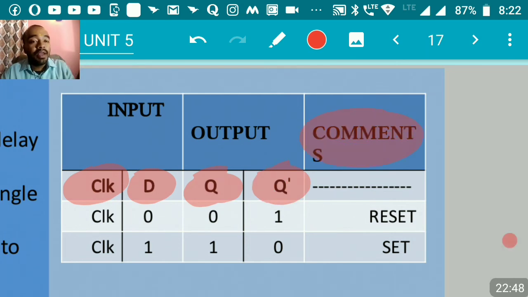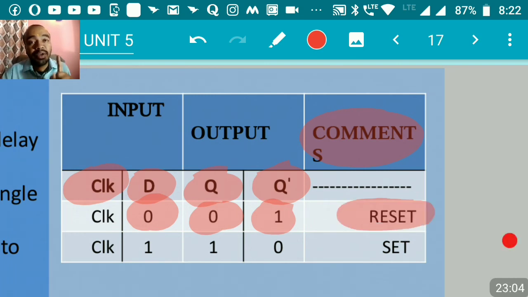Once I give the input 0 to the delay input of the delay flip flop, Q is going to be 0, Q bar is going to be 1, and the flip flop is going to get into reset state after applying the clock pulse. This you should remember properly. If I forget to say the words after applying the clock pulse, that becomes an entirely wrong answer.